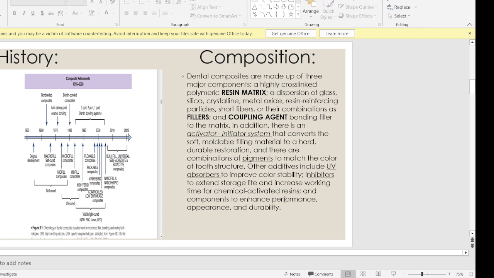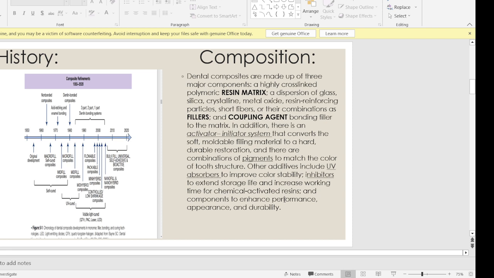The first composite introduced in the field of dentistry in 1950 had a very rough surface, and because of its rough surface, it did not bond well to the tooth structure. To improve the properties of the composite, they added the uniformly macrofilled self-cured composite around 1960 to 1970.